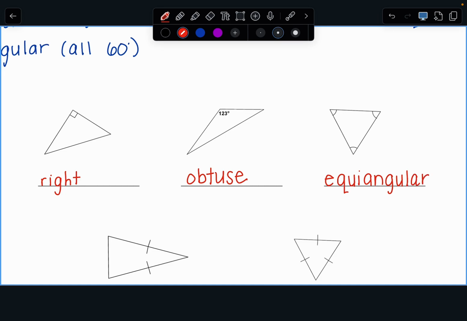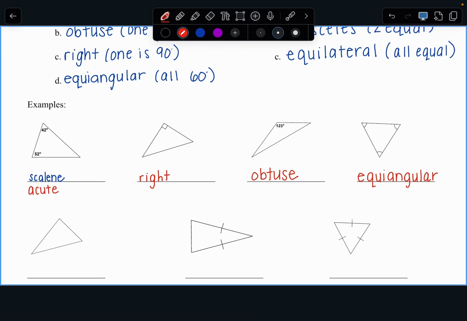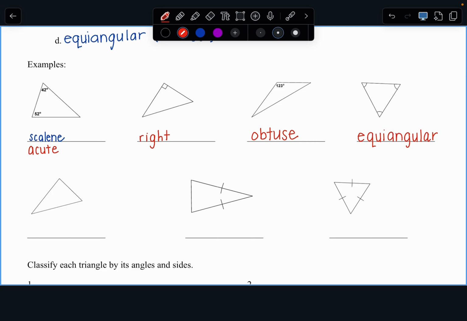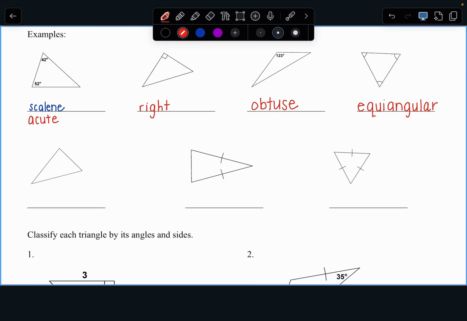Equiangular. We're just gonna try to keep on going. What about this bottom left one? It doesn't show anything. This one's actually going to be scalene. It doesn't say anything about the angles, but it also doesn't show that any of these side lengths are the same.